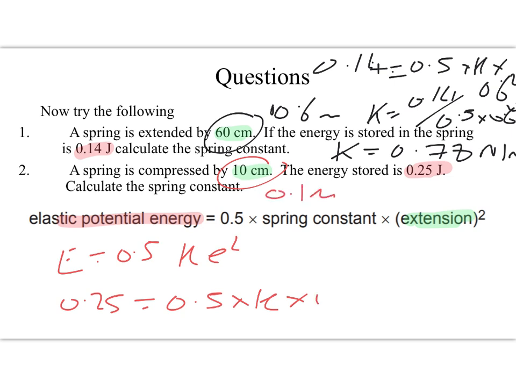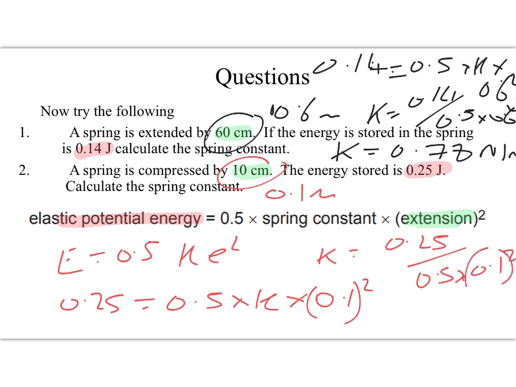Because 10 divided by 100 gives you 0.1. That needs to be squared. So if I was to rearrange that, I'd end up with the equation that K was equal to 0.25 over 0.5 times 0.1 squared, which will give me an answer of 50 Newton meters.